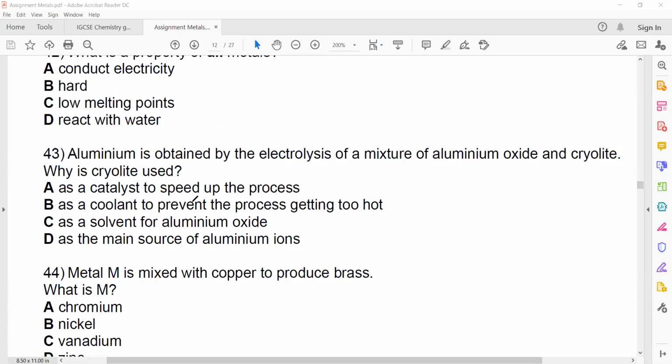Look, there's a difference with a coolant, which means something which absorbs or removes energy. For example, in a car radiator we use water as a coolant because the water absorbs energy released from the engine. But here the cryolite is not absorbing energy, it lowers the melting point so that it can melt at a lower temperature, or is used as a solvent. So C is the right answer. A coolant is a substance which removes heat energy.